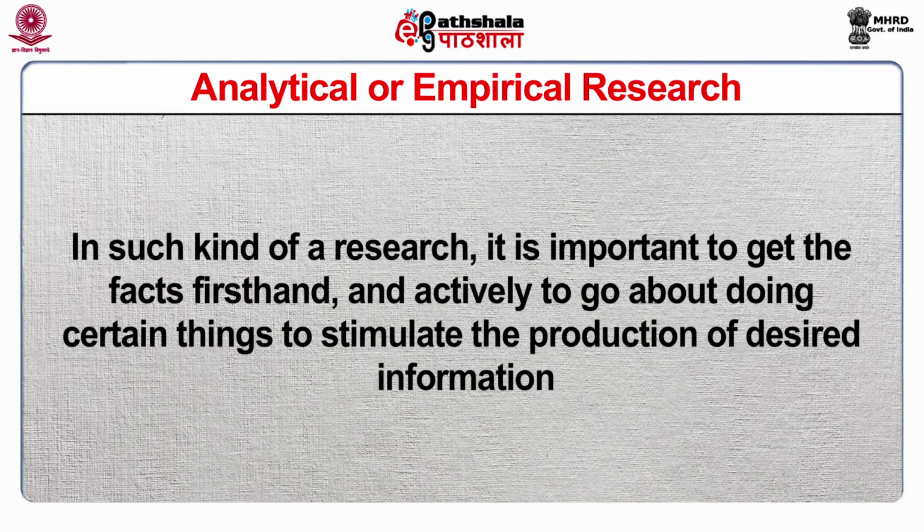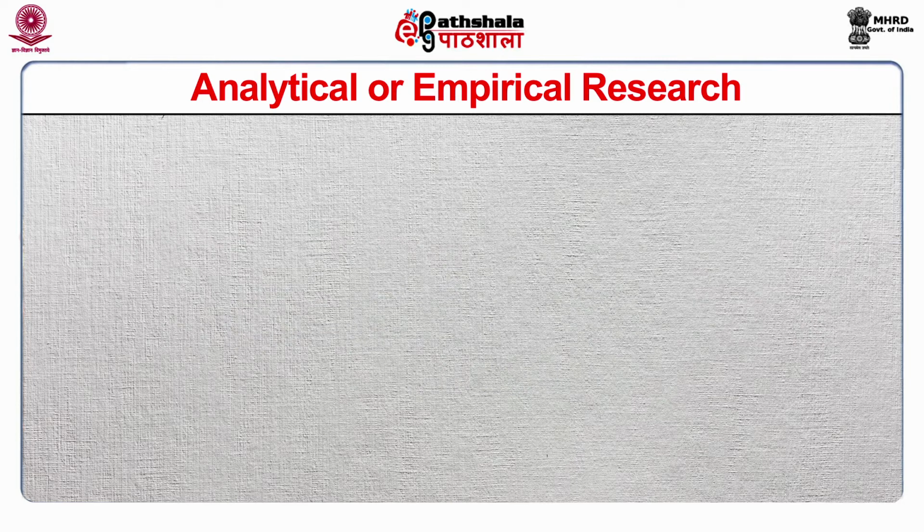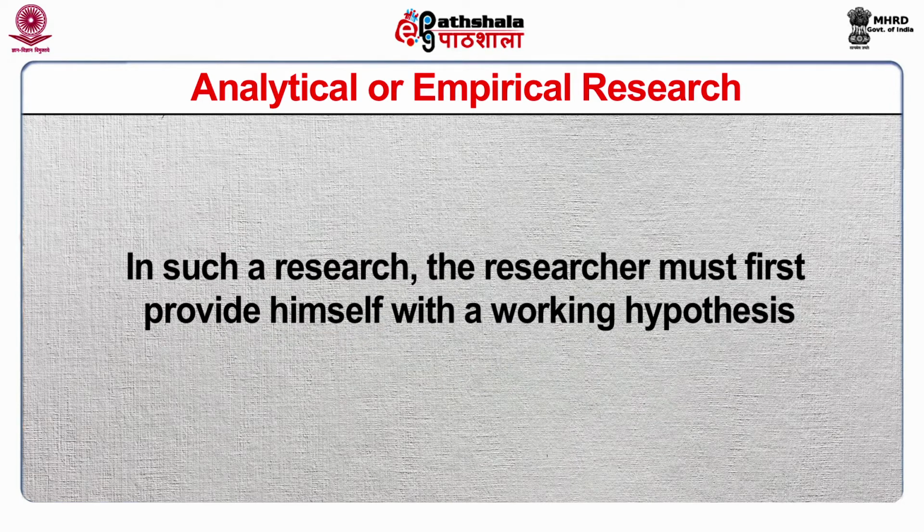In such kind of a research, it is important to get the facts first hand and actively go about doing certain things to stimulate the production of desired information. In such a research, the researcher must first provide himself with a working hypothesis.